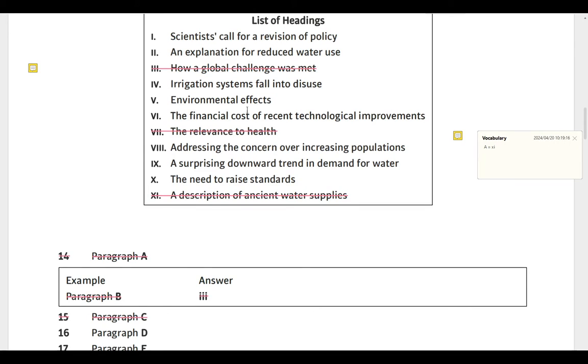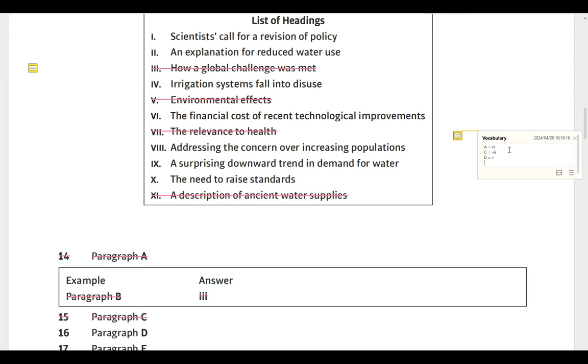So that is definitely related to environmental effects. So we're going to choose option number 5 for ourselves. We're going to take C as well, and we're going to choose D as that one as well.